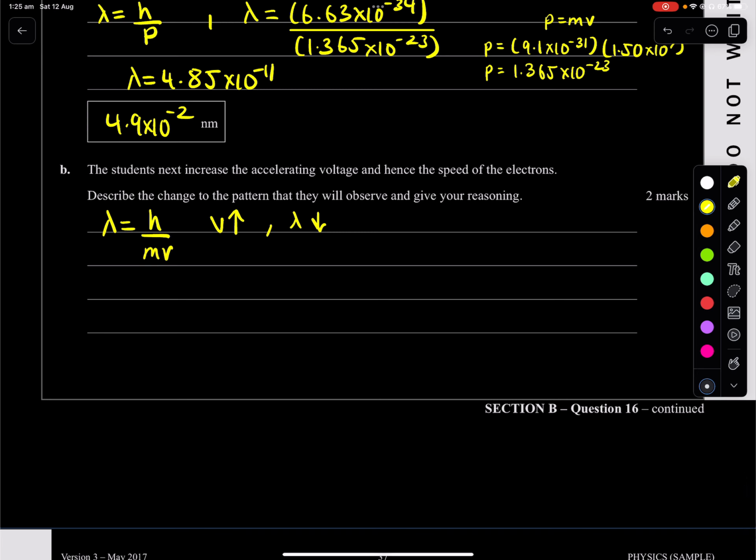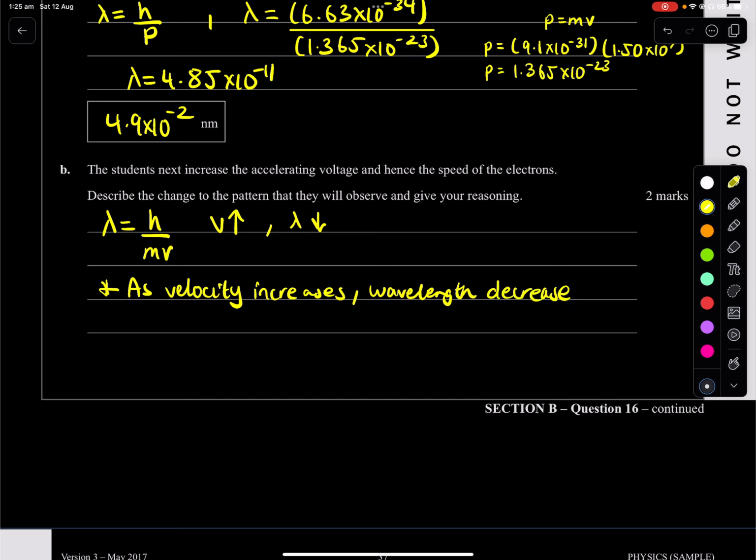We can say as velocity increases, wavelength decreases.